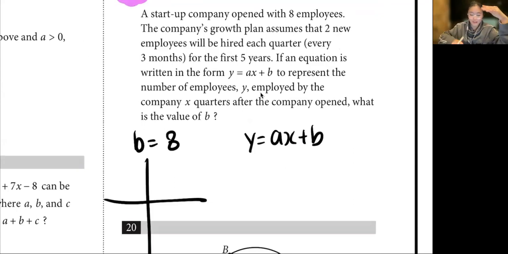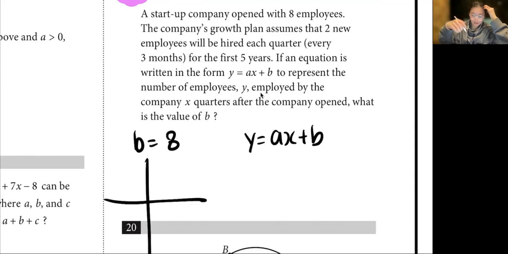So what I'm trying to say is when you want to know what number the business started at, or what number of milliliters it started at, or whatever, you always make the x 0, right? You always make the x 0 and you find the y basically.